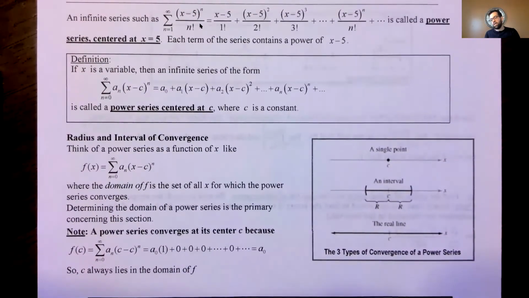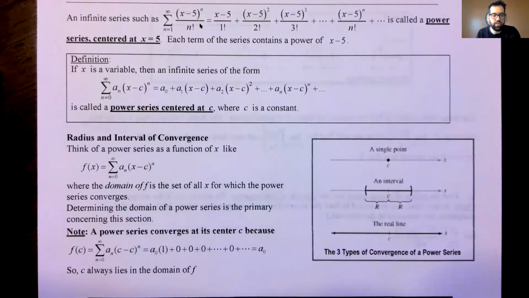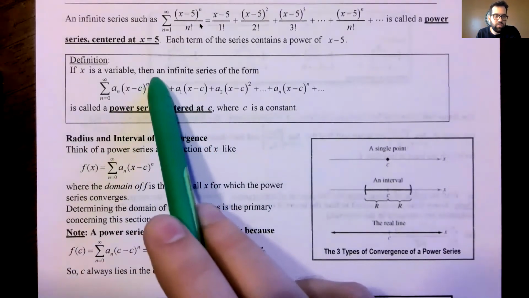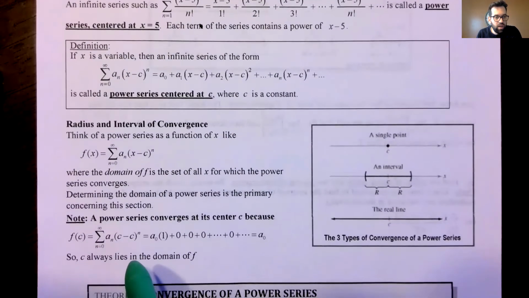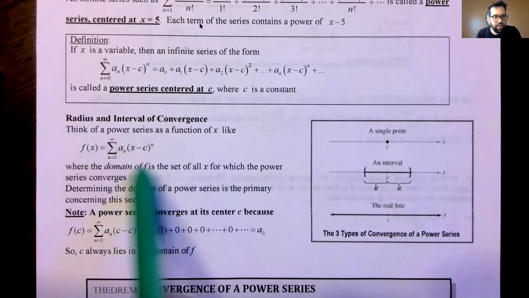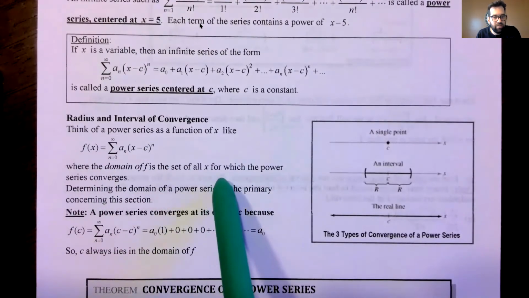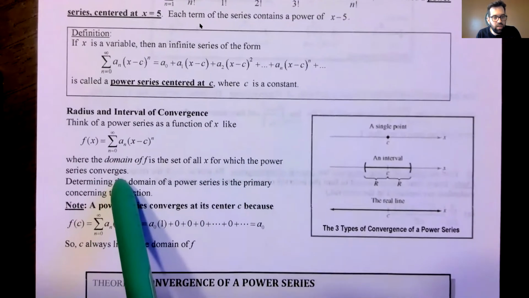So today, what we're going to be looking at is the radius of convergence and interval of convergence for a power series. Remember, a power series is just when there's an x to some power n, that would then get expanded like so. So think of a power series as a function of x, like this, where the domain of f is the set of all x's for which the power series converges.